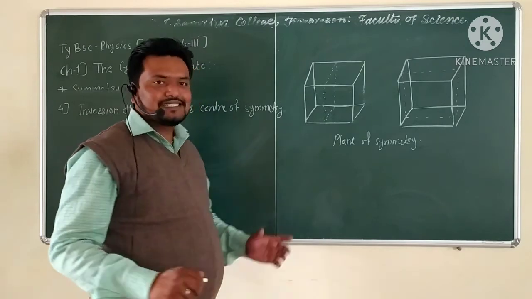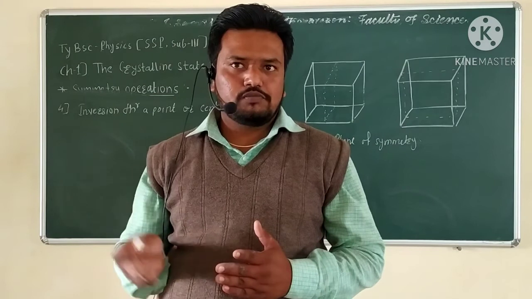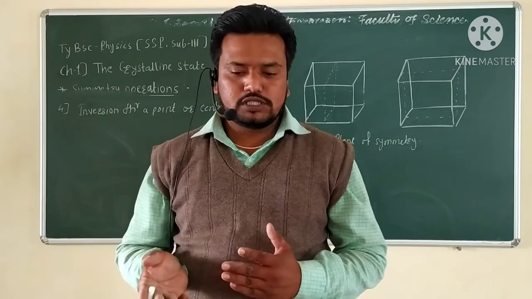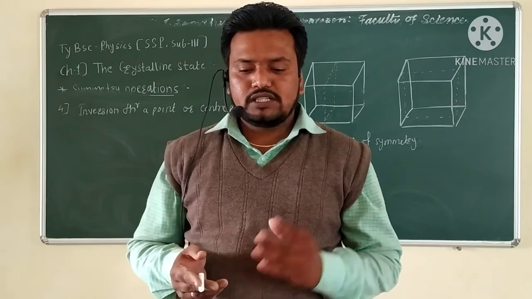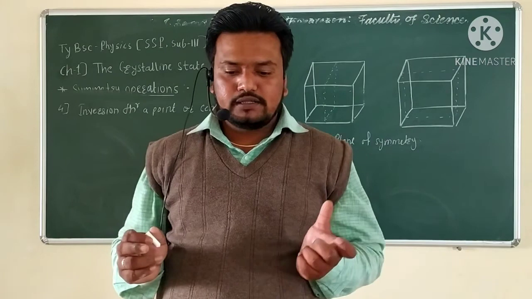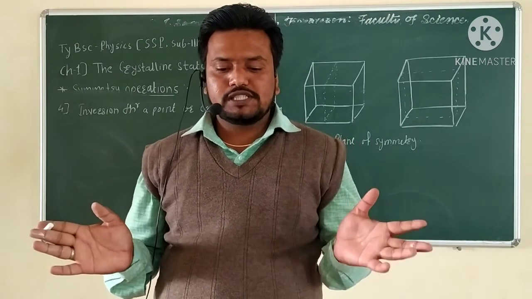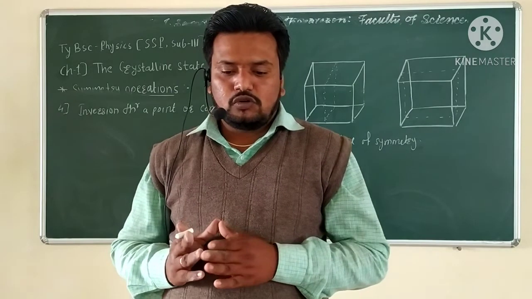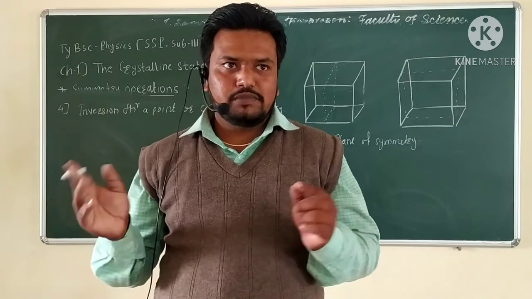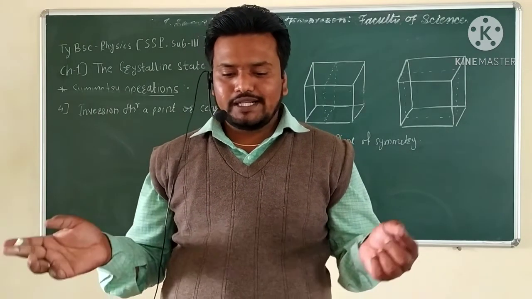In this type of symmetry, the center of symmetry is also known as the center of inversion, that point of the crystal such that a line drawn from any point on the crystal through this point produces an equal distance on the other side, and this center that meets the two rays is known as the center of symmetry or inversion symmetry.